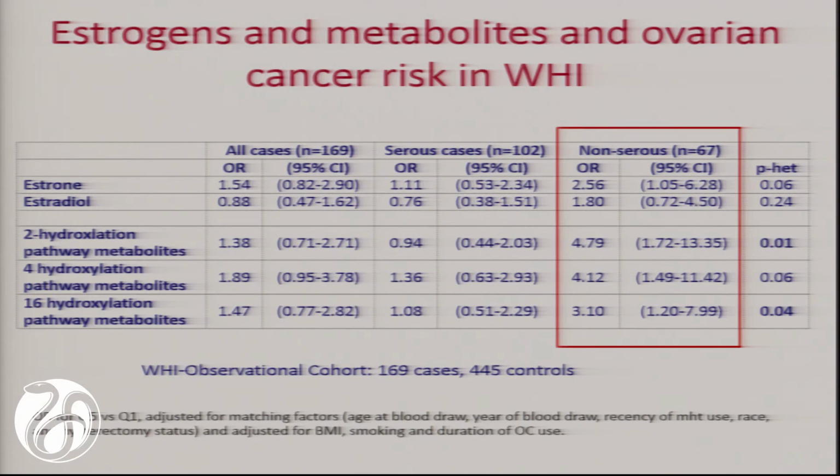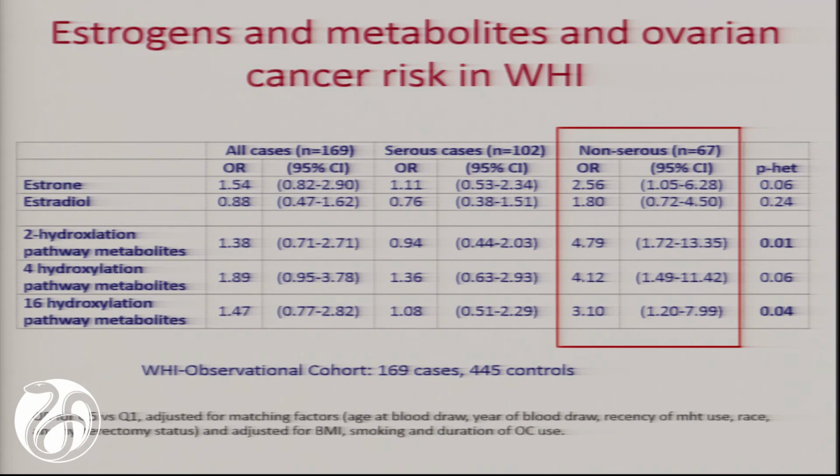Again, we're still working on those data, but we hope to get them out in the public very soon. This matches what we have observed for a lot of the hormonal risk factors that are more strongly associated with the non-serous cases, and now we have a biomarker that shows up in the same direction.